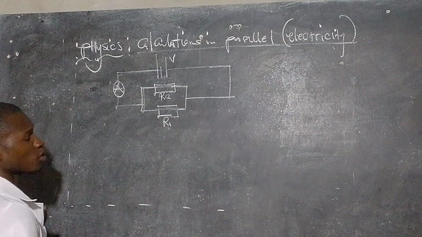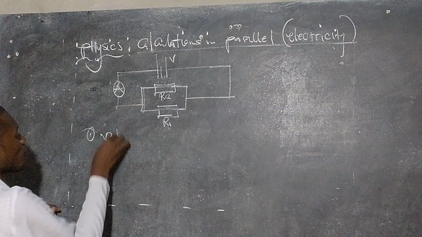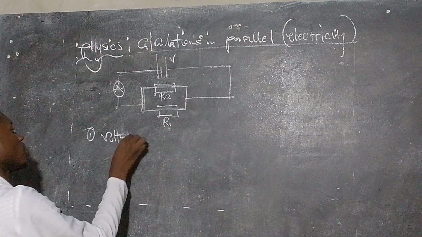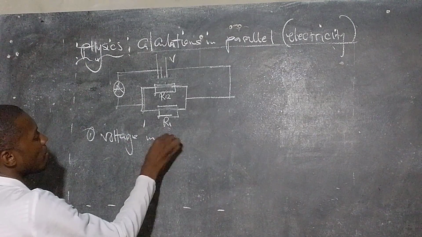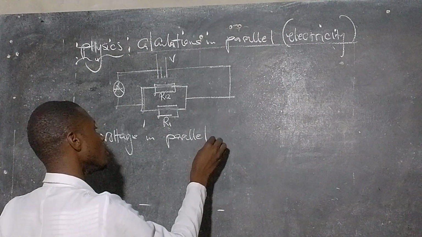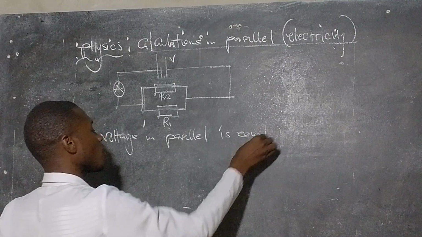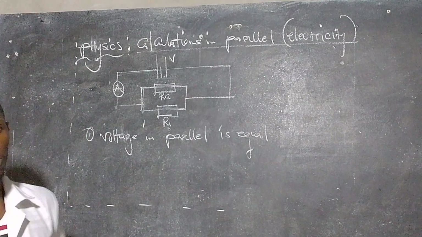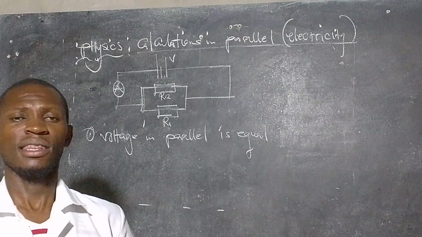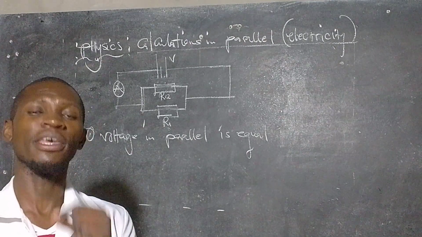The principles which I was talking about, number one, we need to understand that voltage in parallel is equal, meaning that the resistors which are in parallel have equal voltage.